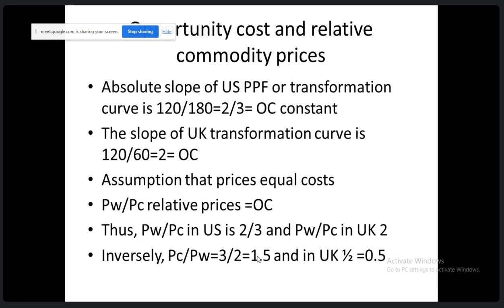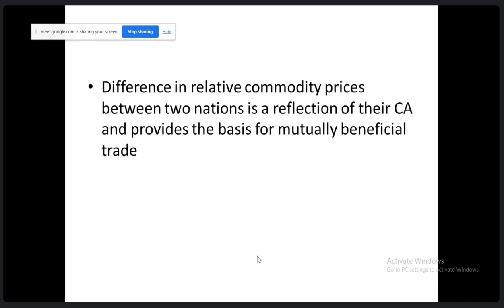Relative prices have come from opportunity cost, and we are assuming that the opportunity cost is constant. So the difference in the relative commodity prices between the two nations is the reflection of their comparative advantage, and it's the basis for mutually beneficial trade.